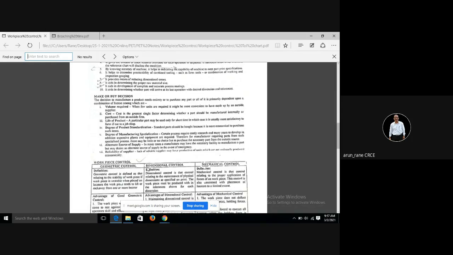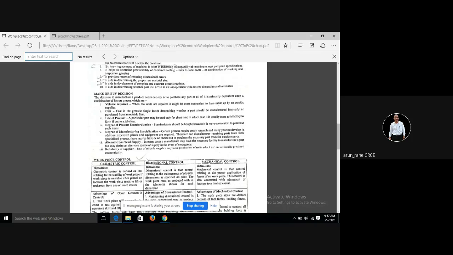Then alternate source of supply. Suppose you have taken a decision to buy, and you have decided that you are not going to manufacture in house. Then you need to decide that yes, I am going to take it from Mr. X or say A. Then what happens if there is some problem with supplier A or supplier X?